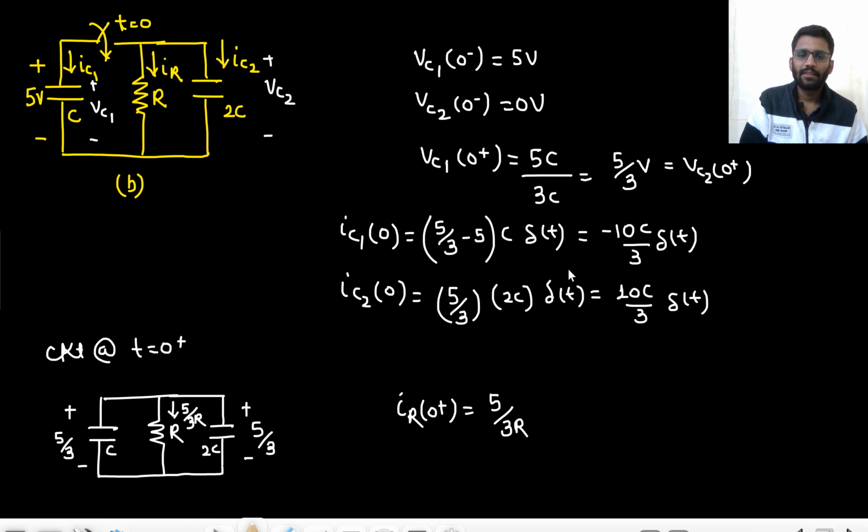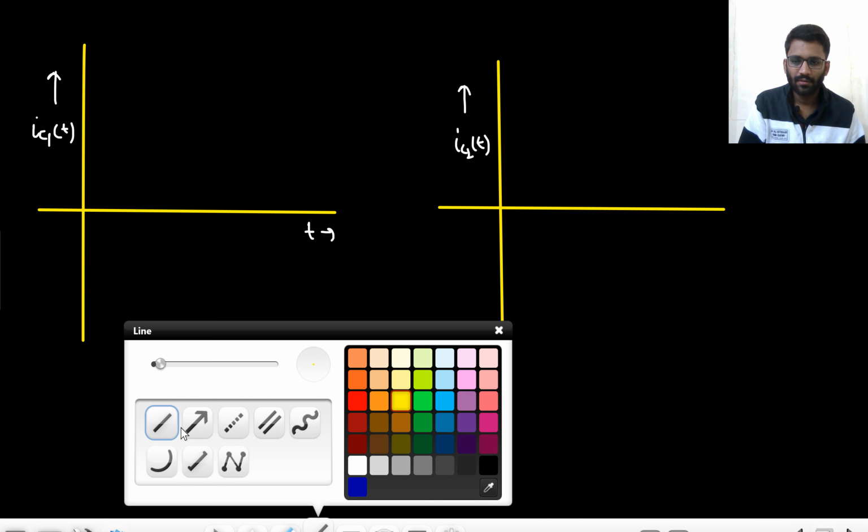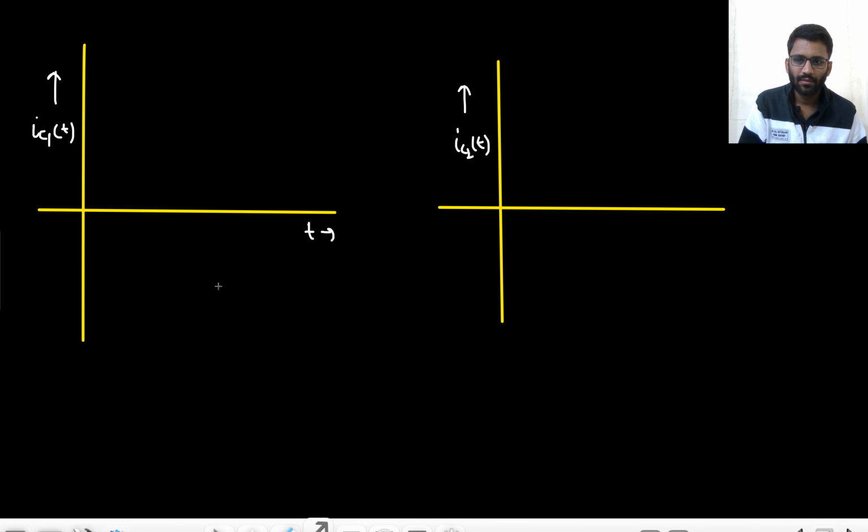IC1, what was your IC1 impulse at t equals 0? That was minus 10C by 3. And this was positive, but the value was the same, plus 10C by 3.